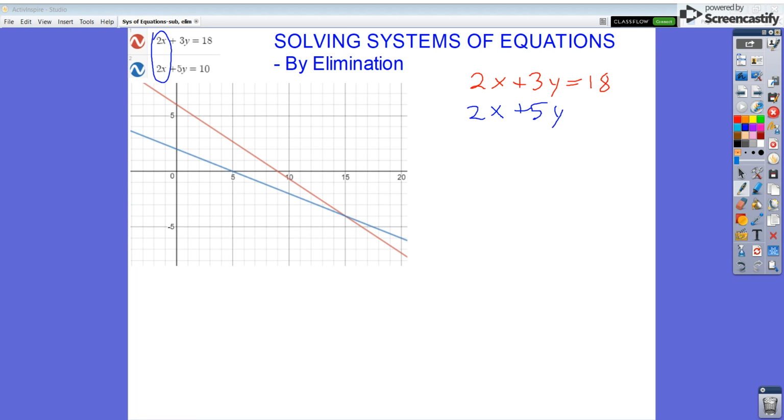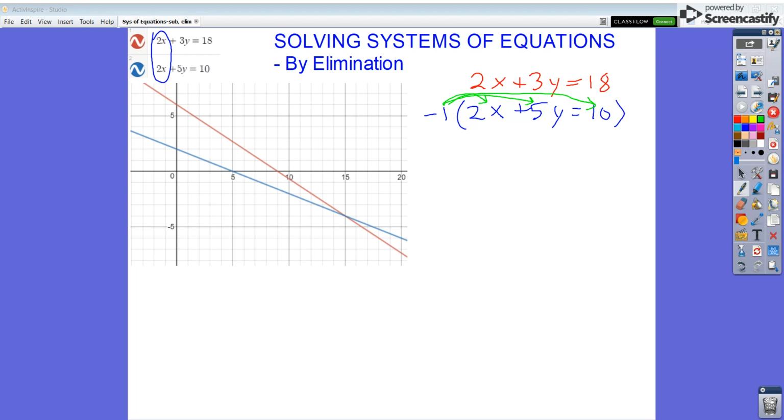So what we're going to do is, since it's 2x, we're going to multiply the whole thing by minus 1. Okay, and that, of course, needs to be distributed to each term in the equation, which are separated by plus, minus, or the equal sign.